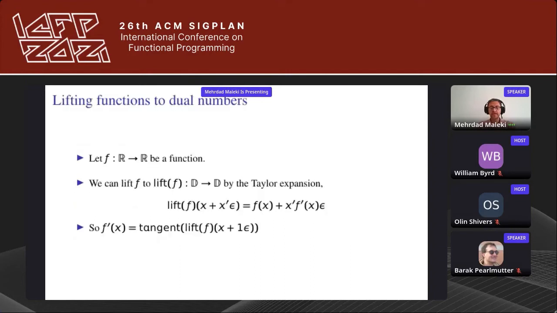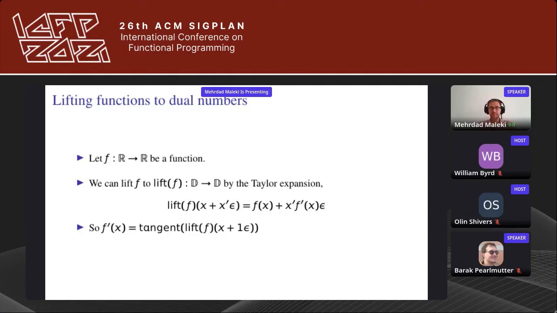So, for example, if f is a function from real numbers to real numbers, then the lift of f is a function defined on the set of dual numbers to dual numbers by the Taylor expansion of the function f on the dual number x plus x prime epsilon, which is f of x plus x prime f prime of x epsilon, where we truncate the terms with epsilon squared, and we have this definition of the lift of the function f.